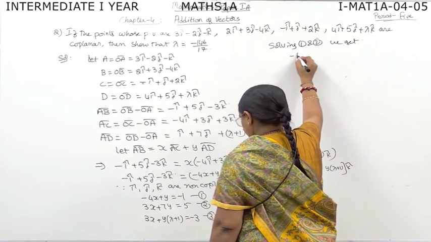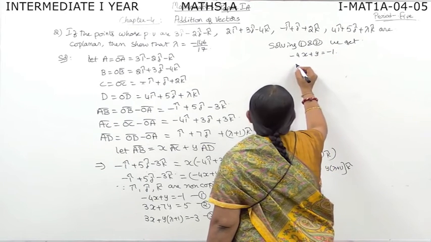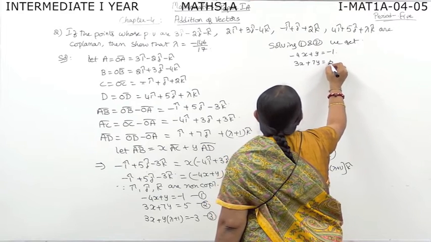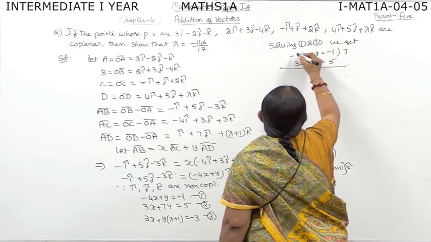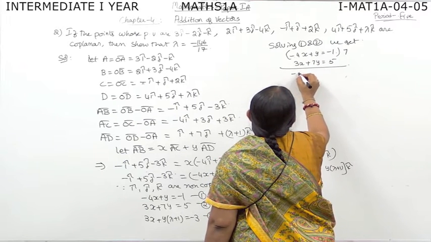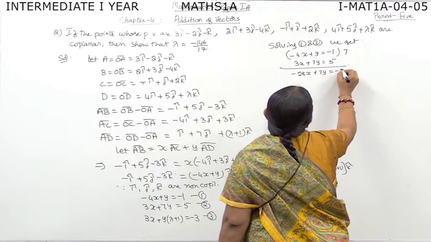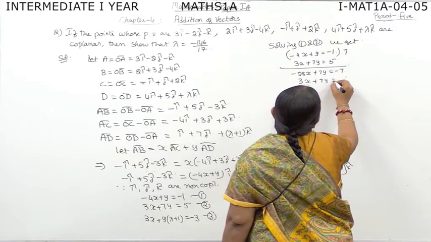So minus 4x plus y is equal to minus 1, and 3x plus 7y is equal to 5. We'll multiply the first equation by 7 and subtract. When you multiply, it is minus 28x plus 7y is equal to minus 7. This we write as it is, 3x plus 7y is equal to 5.